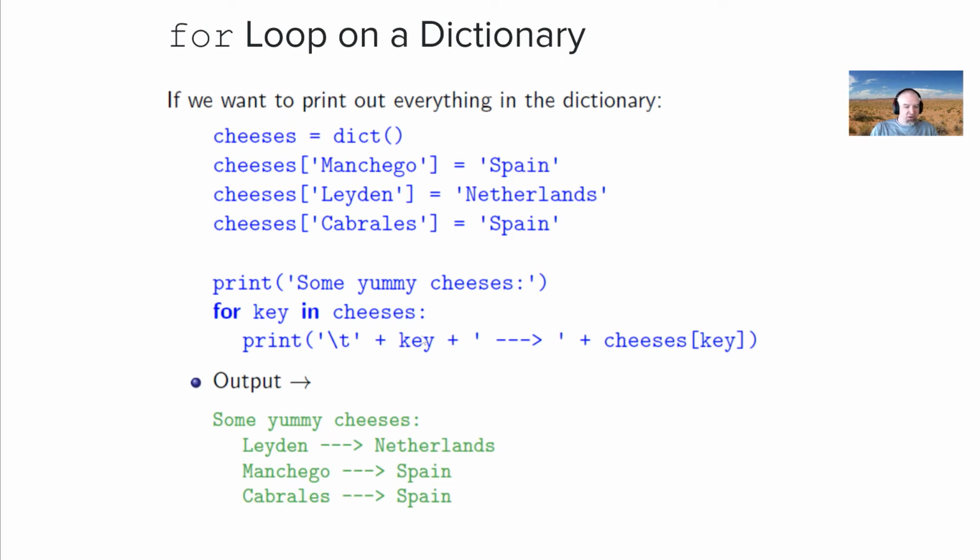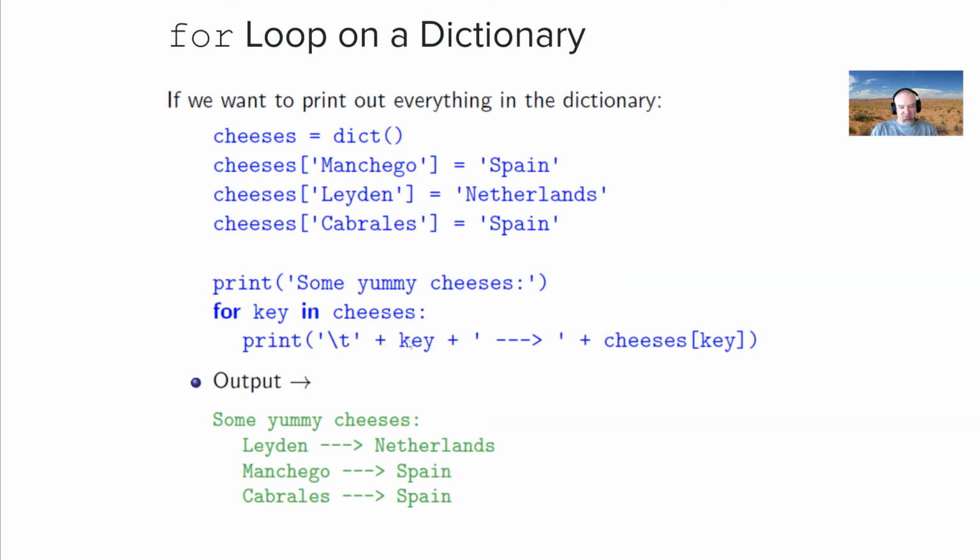If you want to print out everything in the dictionary, you can do that like this, where you concatenate these things together into one long string. Over here, you're creating your dictionary, you're saying print some yummy cheeses, and then you're creating a variable called key in my dictionary cheeses, and so key will take on the keys of my dictionary one at a time at each iteration.